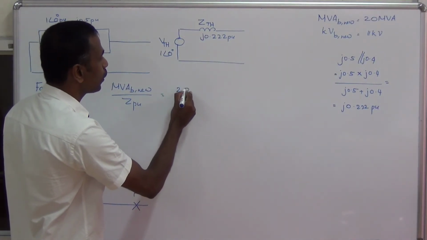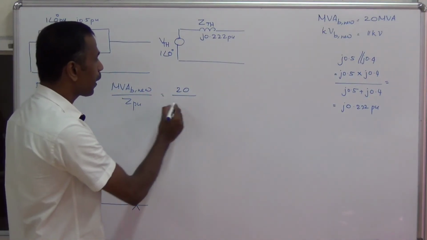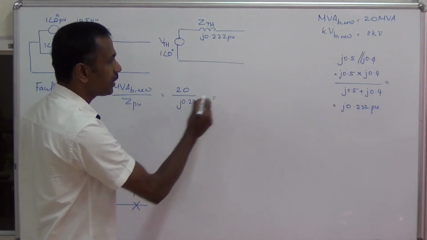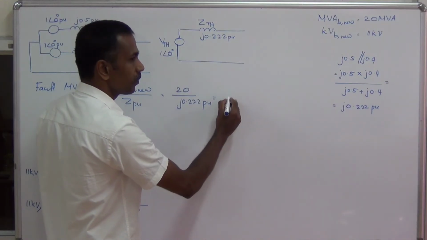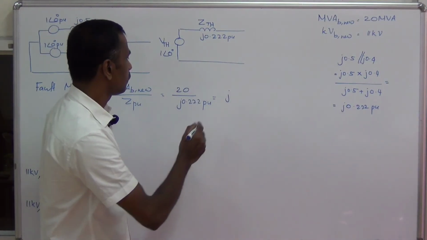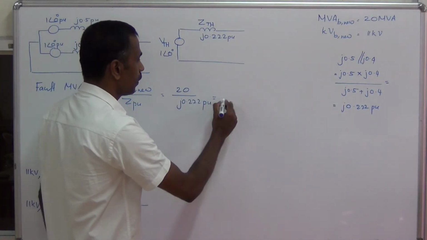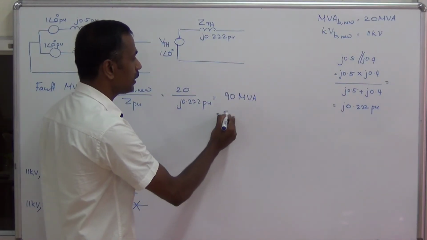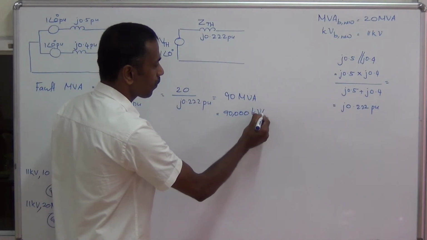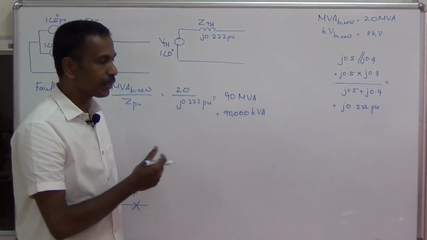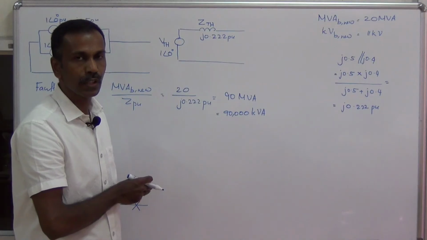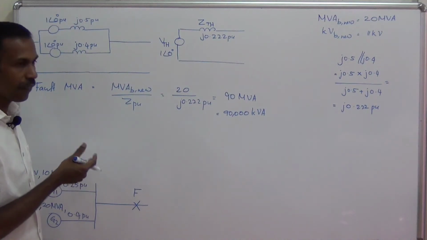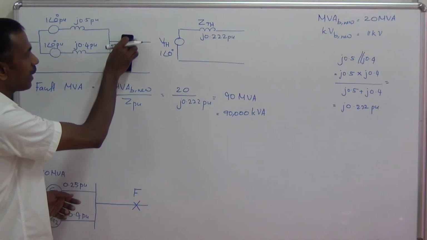So MVA base is 20 divided by our Z per unit, J 0.222 per unit, and this is equal to 90 MVA, or 90,000 kVA, because in the question we are asked to find out the fault kVA or the short circuit kVA. It is 90,000 kVA.